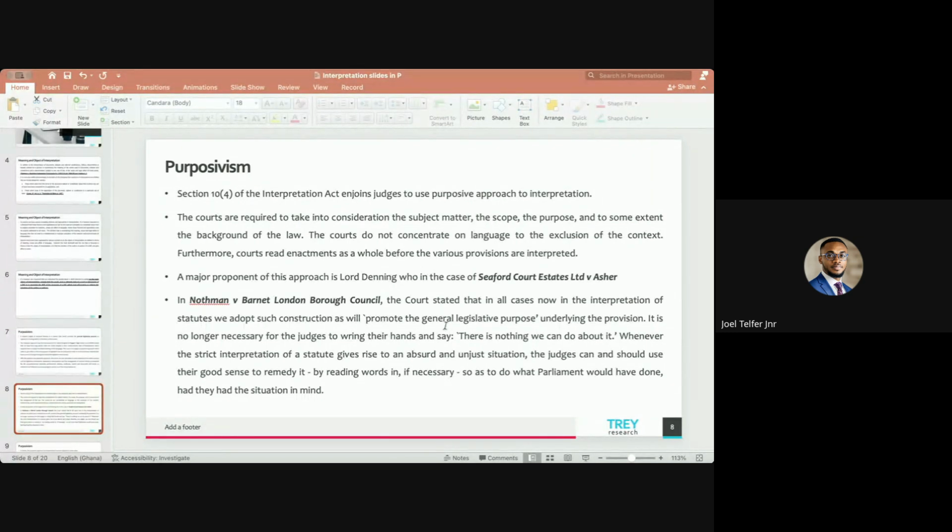But when we decided to include it in our act, we said that we would only have recourse to parliamentary debates once there was a contention as to the meaning of the word. And so if that word was not debated on, or that phrase was not contentious, then parliamentary debates will not be a good enough basis to use to understand the true meaning of the enactment.